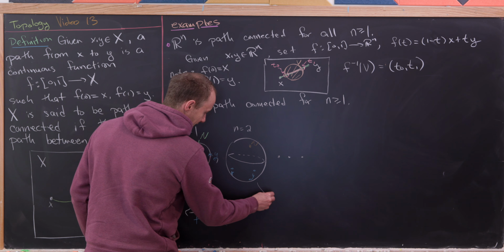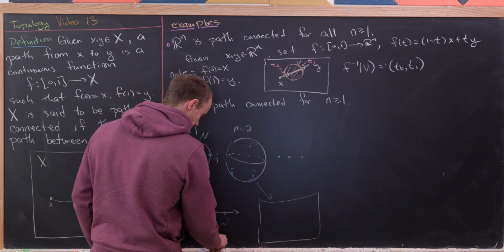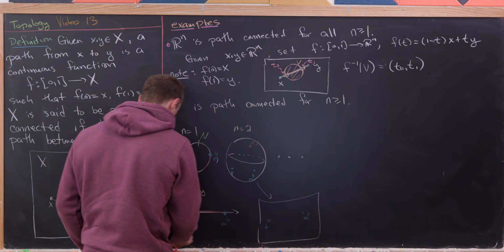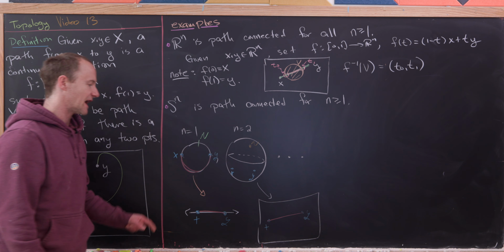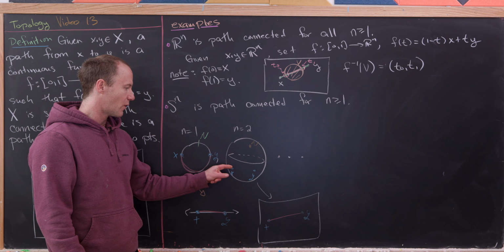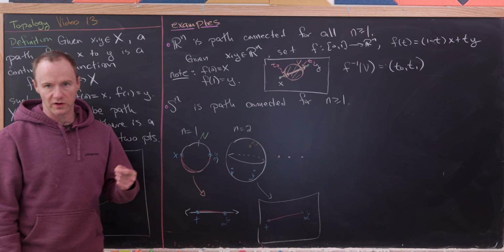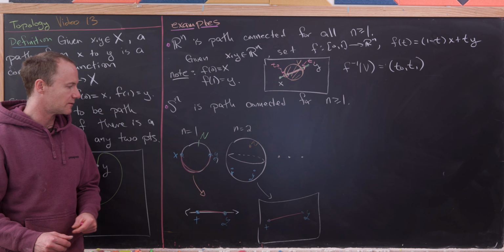And in that case, that's going to give us a plane, and X and Y will be in that plane, and then we can take the line segment between X and Y just like we did above. And every point in this sphere is represented in the plane except for the northern hemisphere, which we removed. That's the point at infinity, if you will.